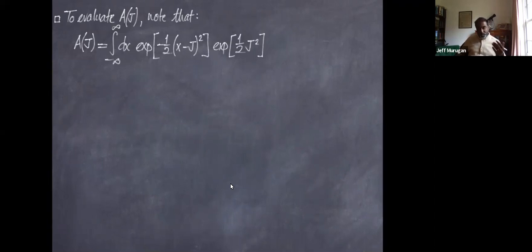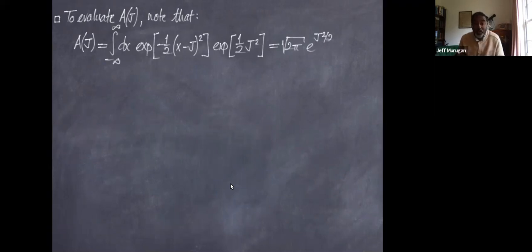Okay, so if you complete the square, this is, as Sebastian pointed out, just a standard Gaussian in x. So in fact, a shifted Gaussian. And to accomplish the shift, I needed to add this exponential piece here. The Gaussian integral I can do, it comes out to be root 2 pi, and the remaining bit is just the exponential. Let's write it like that, e to the J squared over 2.